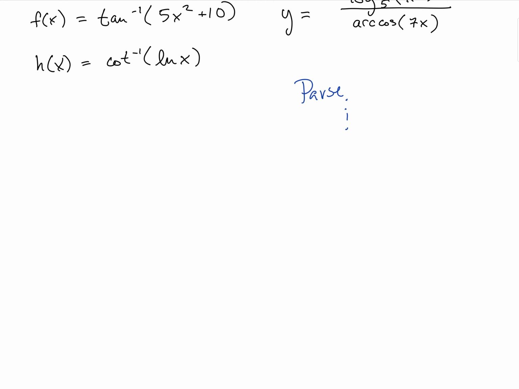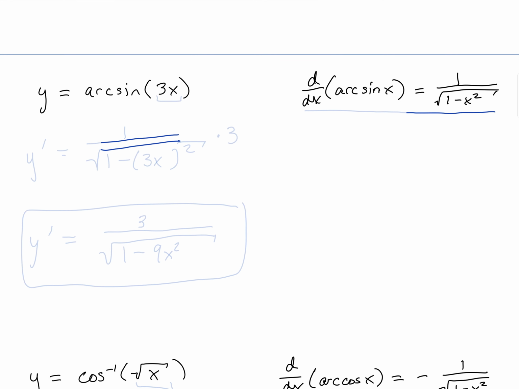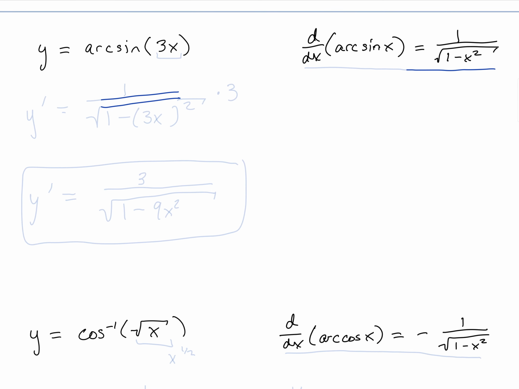Okay, for the derivative of arc sine of 3x, or sine inverse of 3x, recall that we found this derivative. The derivative of arc sine x in general is 1 over the square root of 1 minus x squared. So for this case, y prime is going to be 1 over the square root of 1 minus, and the inside function is 3x, squared.